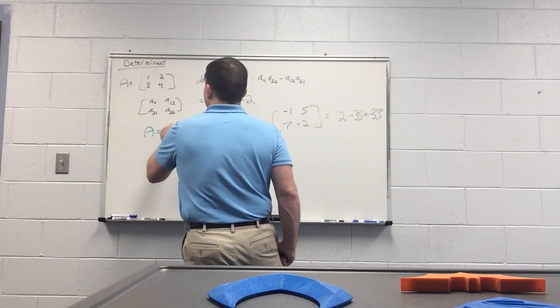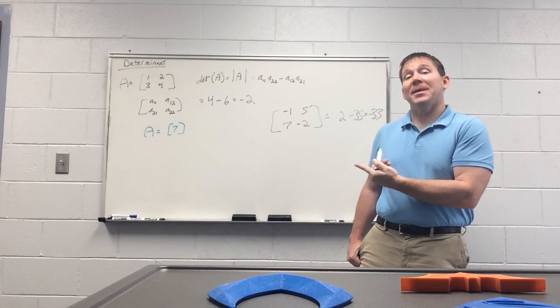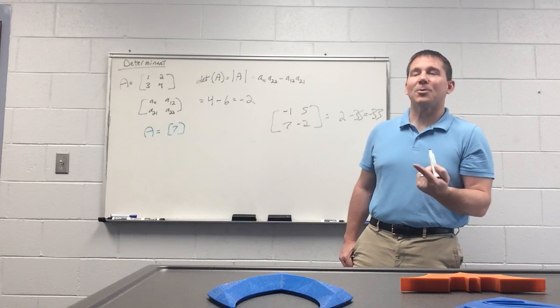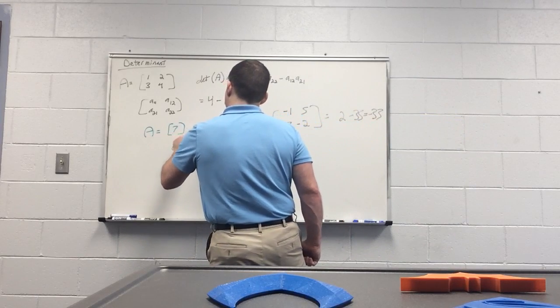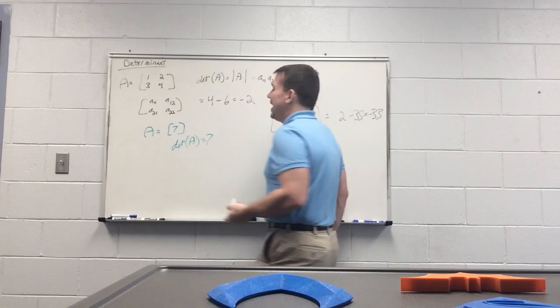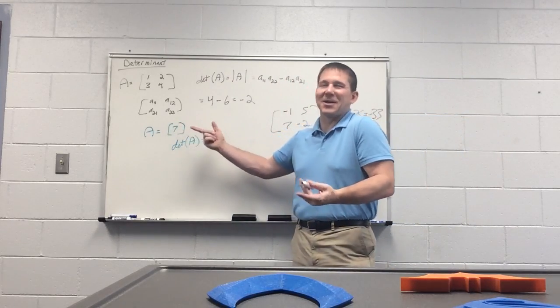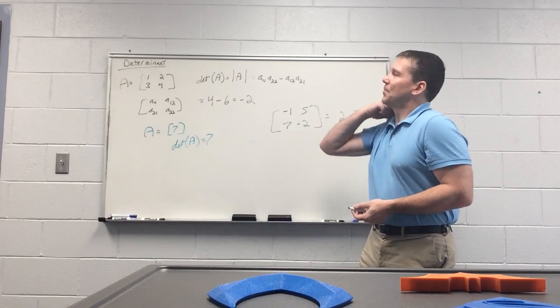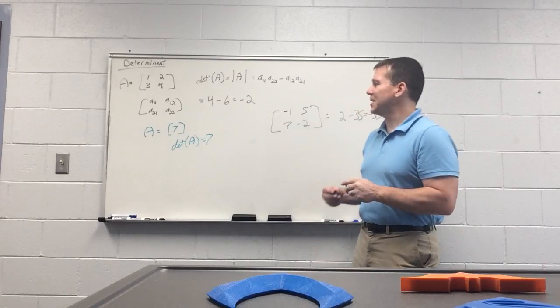Say A is equal to the matrix 7. That's a square matrix. It's 1 by 1, order 1. The determinant of that matrix is just the scalar itself, because there's the only number, there's no subtraction, there's nothing. And we'll see a more generalized formula later for other matrices.